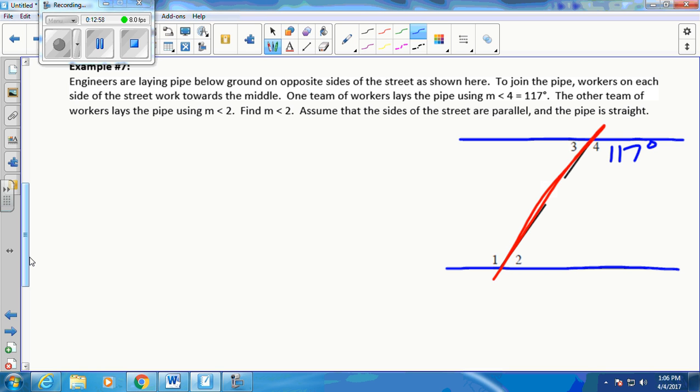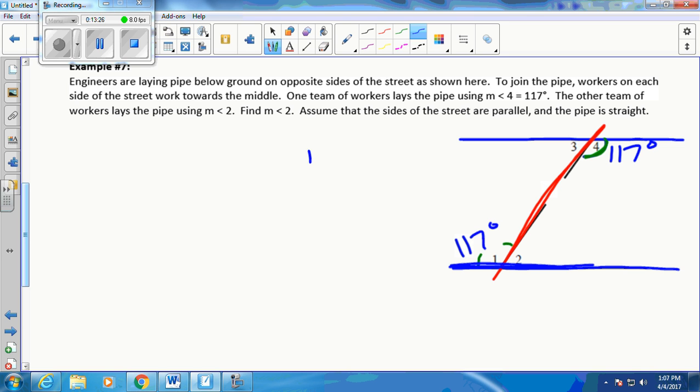And based on the definitions, angle 4, I'll use green here, angle 4 is an interior angle, and angle 1 would be an alternate interior angle to that. So that means that angle 1 would also be 117 degrees. But because we want to know the measure of angle 2, don't angle 1 and angle 2 together make a straight line, which forms supplementary angles?